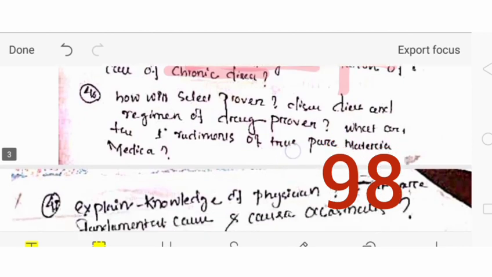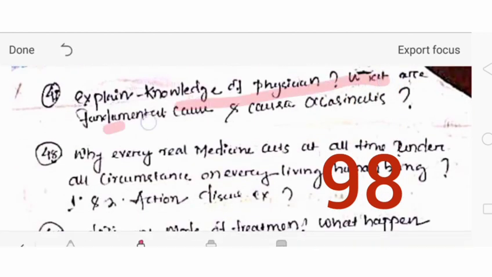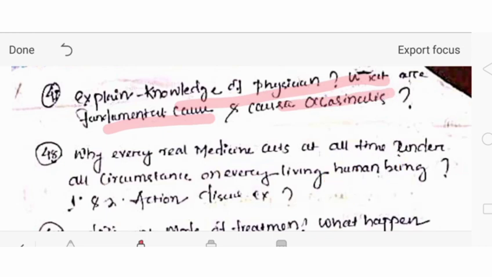Then how you explain the knowledge of the physician on prejudice, what is fundamental cause and causation. I uploaded these things in my video. You can go through this. Why does every real medicine act all the time, in all circumstances, on every living being?